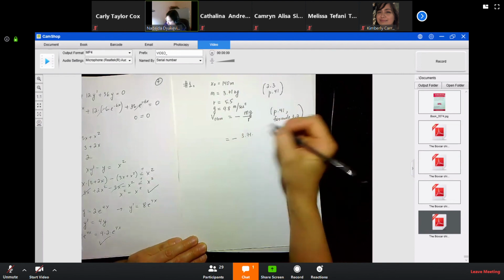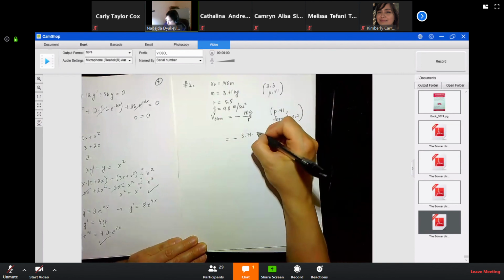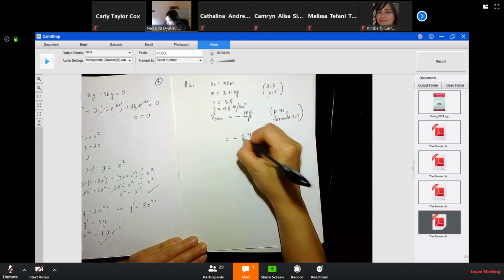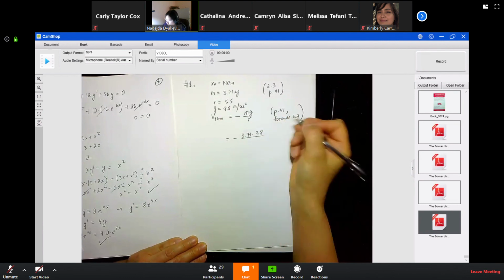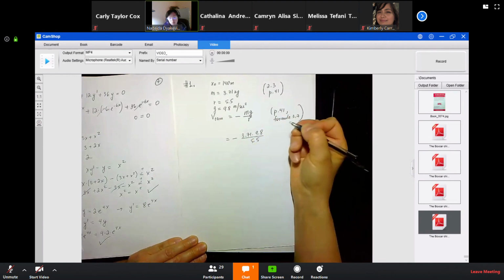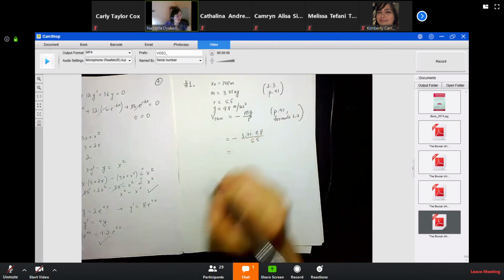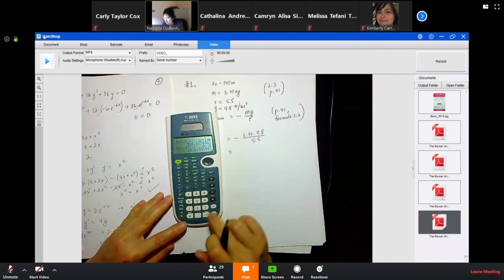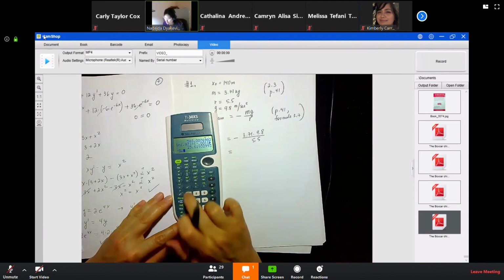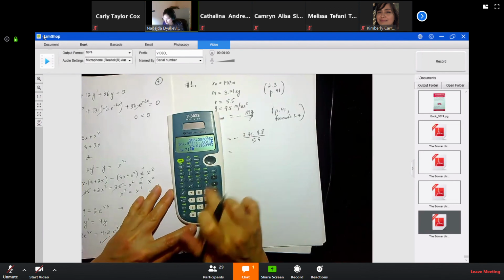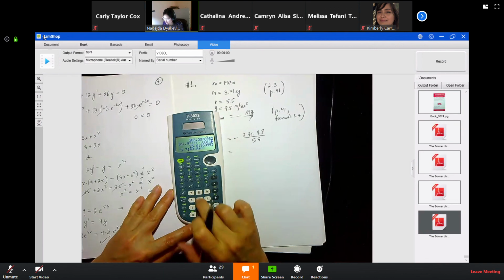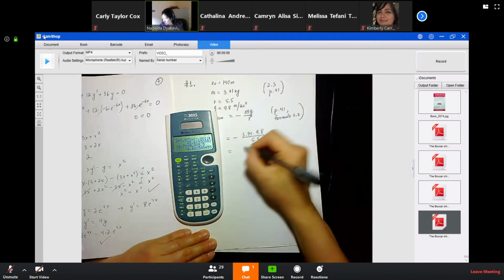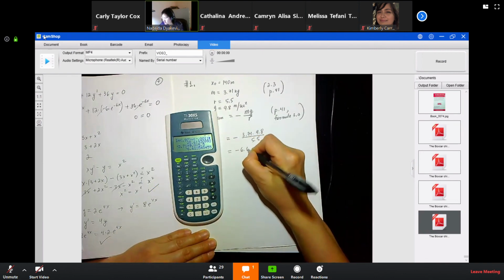So negative 3.71 times G over R is given, right? So we plug everything in the calculator: negative 3.71 times 9.8 divided by 5.5, and here is our number, negative 6.61.